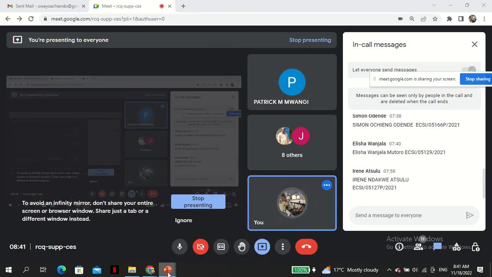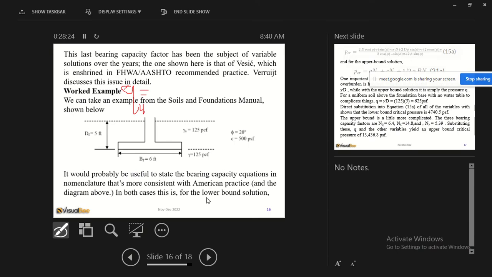Yes, so don't worry, they mean the same thing. You get it? I want to make sure you understand. B is the breadth of the foundation. Depending on the person, it can be referred to with small b or capital B. It doesn't matter, it means the same thing.